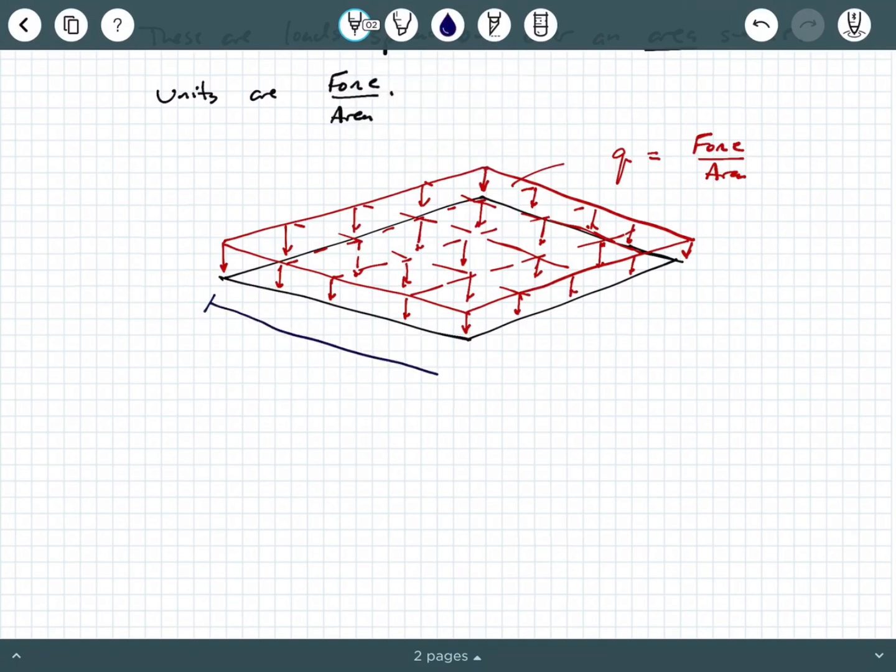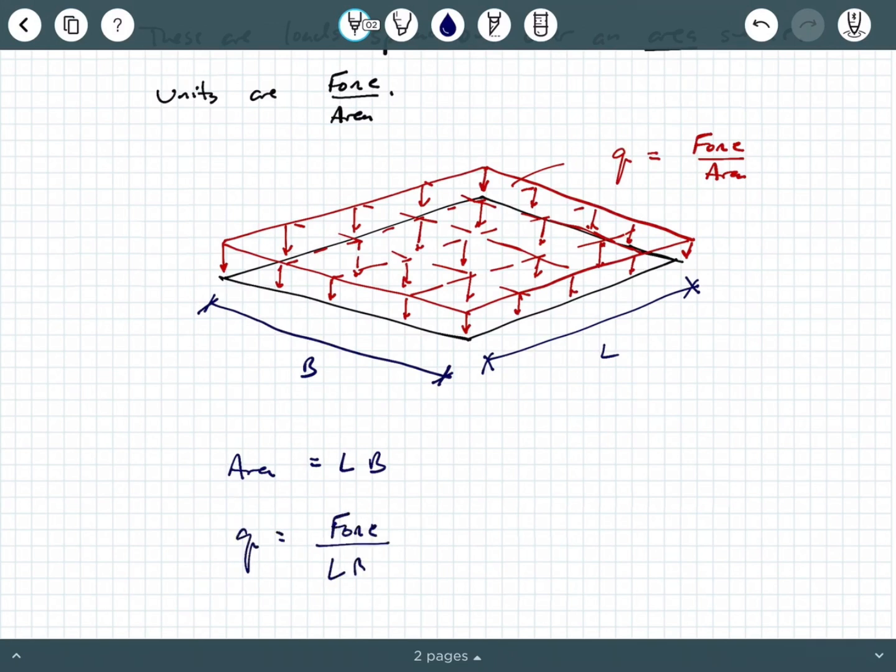Well, we're going to say that the area is this dimension B, and by this dimension L. So area is going to be LB. So really what we have is Q equals force over LB. Okay. So in a case like this, again, it's very similar to a load spread out over a length, except now it's just extended in 3 dimensions and it's spread out over an area.